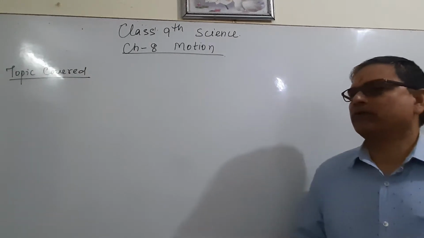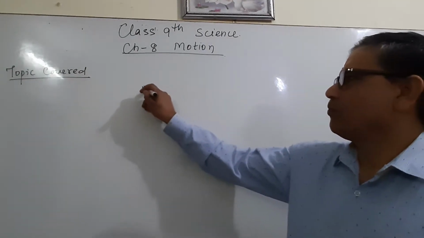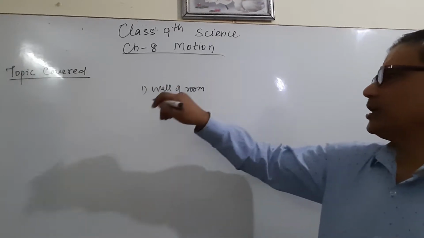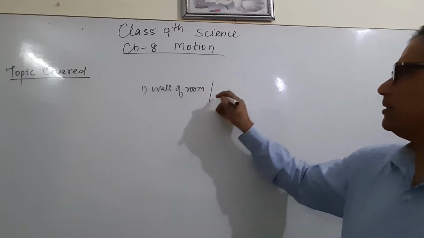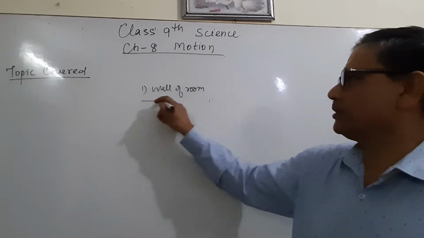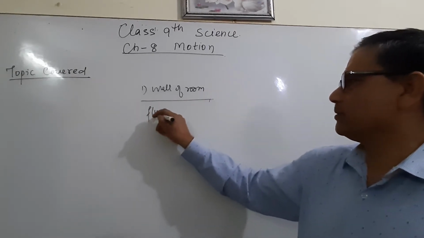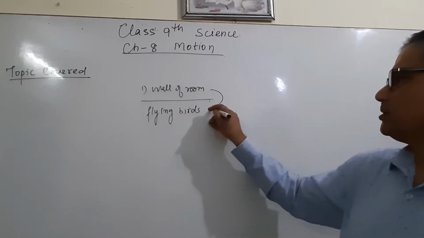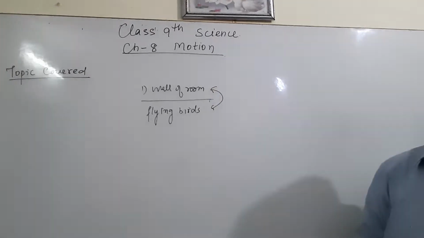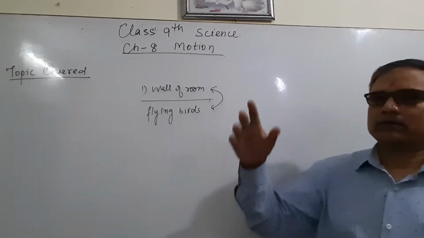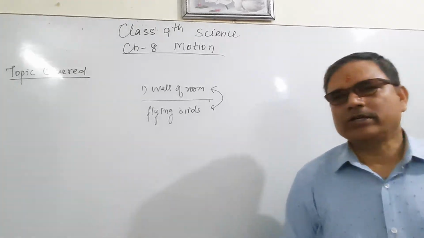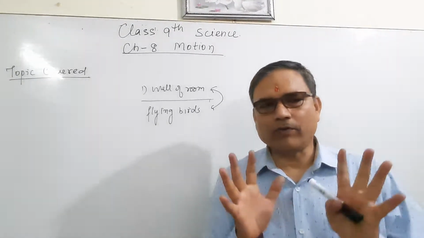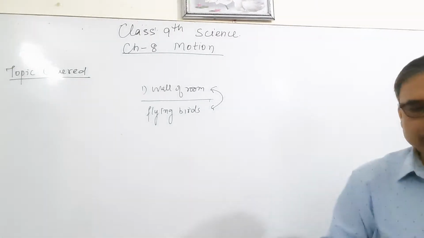You said the wall of the room is one example, and the chair by your side, and the second example is the flying of birds. Both are objects. Is there any similarity or difference? Tell me. After watching carefully, think over it carefully.